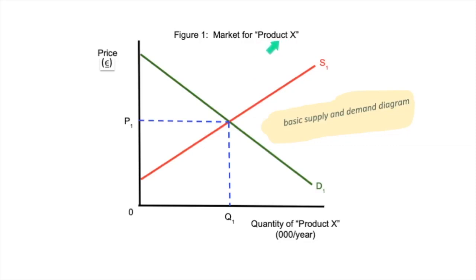What I want you to do, and I'm going to show you on the next slide, is just imagine, and this would make complete sense, that this is the market for product X in what currency? In euros. If you were to finish this sentence, it would say the market for product X in euros. If you wanted to complete this whole thing over here, it would say the price of product X in euros.